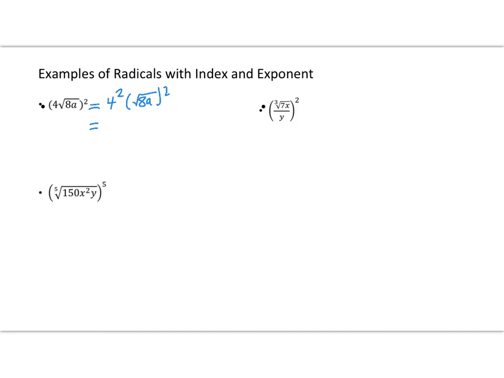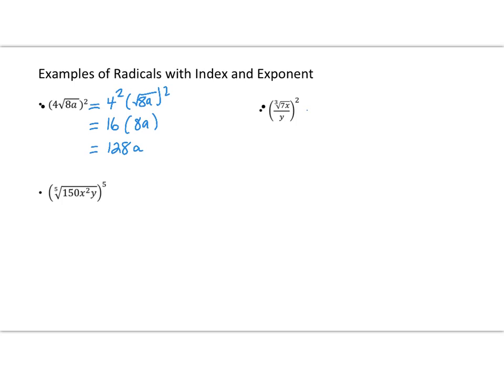This is equal to 16, and in the parentheses this is just 8a. And now when we multiply 8 times 16, we should get 128a. Right.